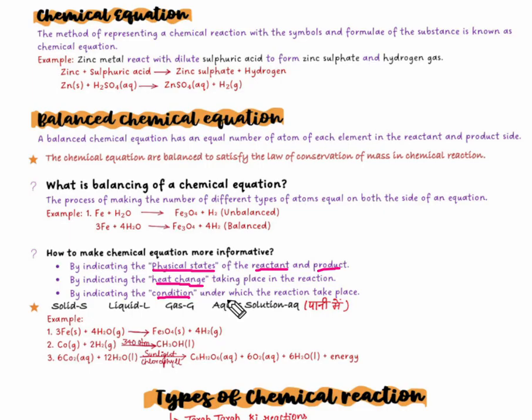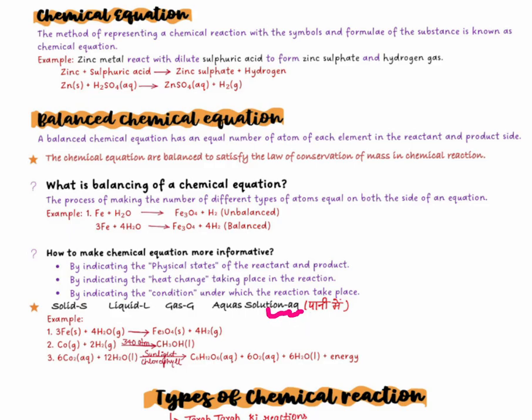Consider an example. Suppose we have to represent the states, and we know that each matter is present in either solid, liquid or gaseous state. Sometimes if it is a water solution, we write it as aqueous.